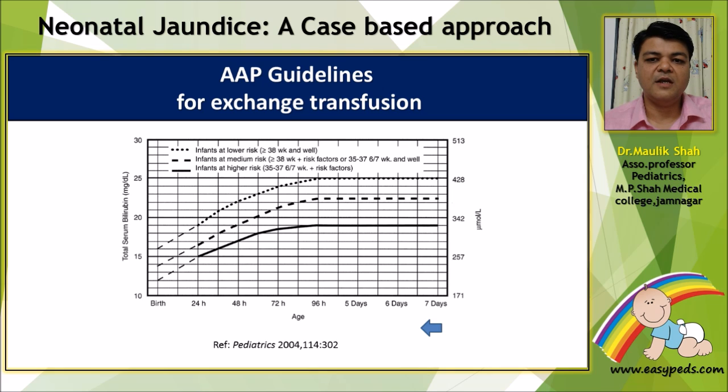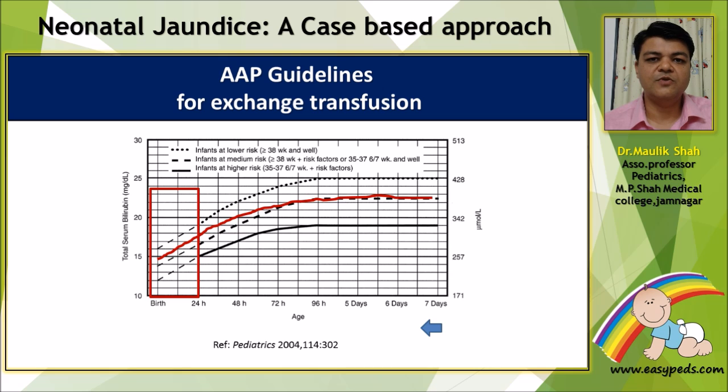The AAP guidelines for exchange transfusion nomogram is displayed here. The basic curve we are going to follow is the middle one. The problem is shown in this square, where the area of uncertainty exists.